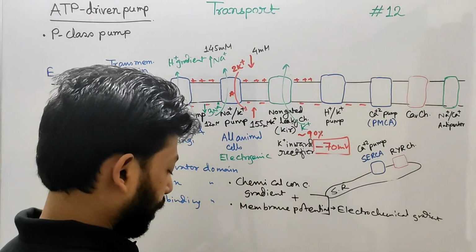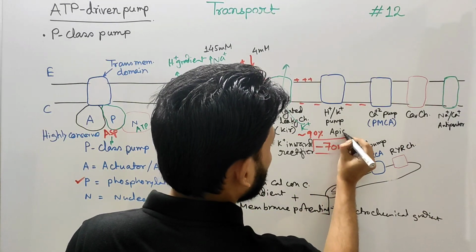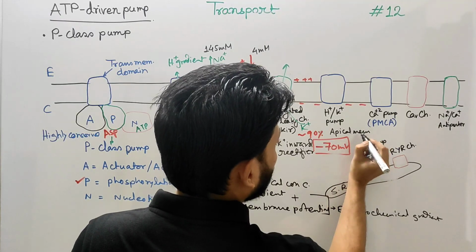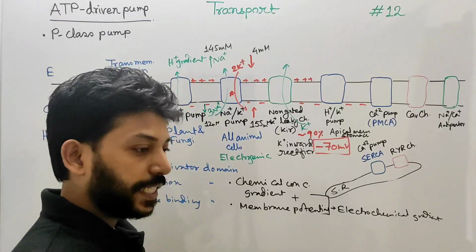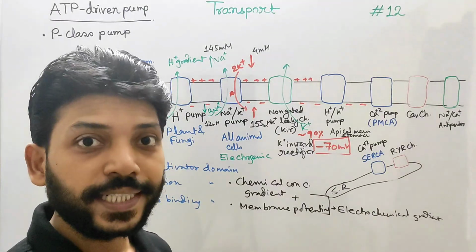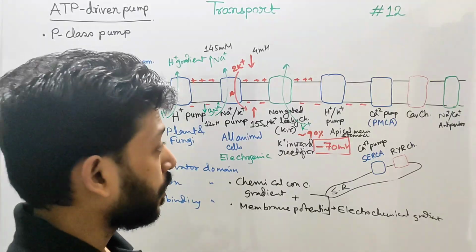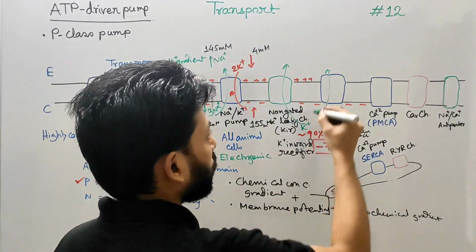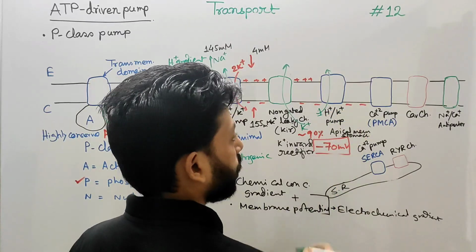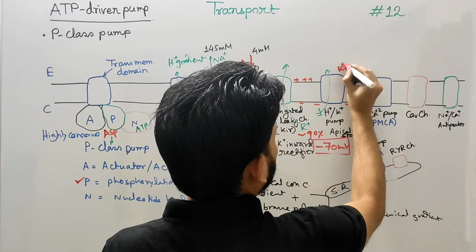Now in the apical membrane of the mammalian stomach, there is a cell called the parietal cell or oxyntic cell that secretes hydrogen ions outside the cell into the stomach lumen. So one hydrogen export occurs and one potassium import occurs.